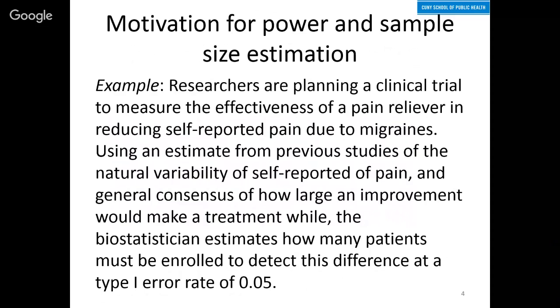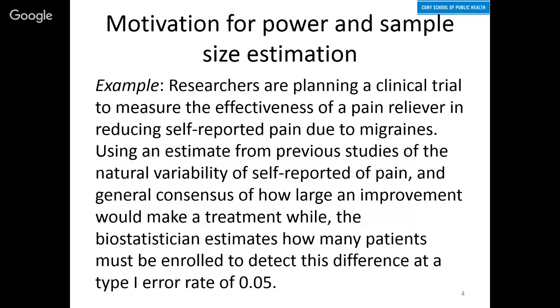If we had an estimate from previous studies of the natural variability of self-reported pain, and some idea based on preliminary results or pilot data, or just a hypothesis, about how large of an improvement we expect the treatment to make, then we can estimate, as the biostatistician helping to plan this study, how many patients must be enrolled to detect this difference at a type 1 error rate of whatever we want, say 0.05.